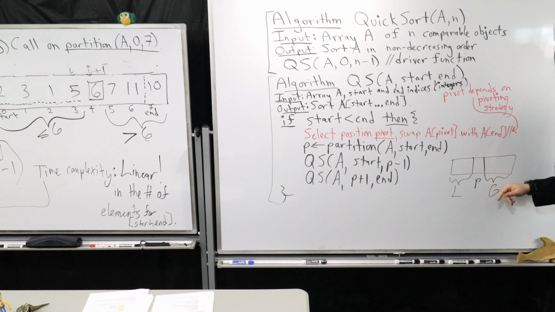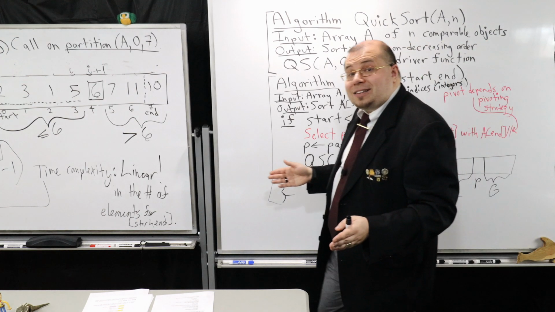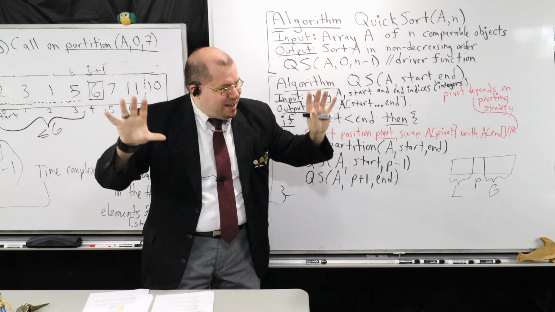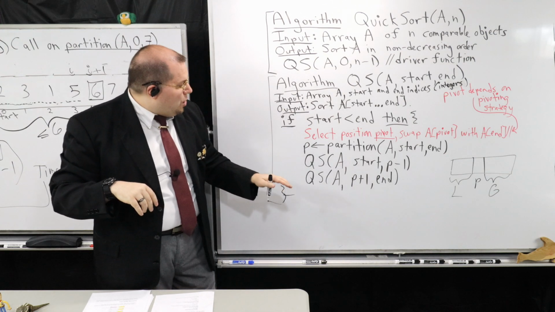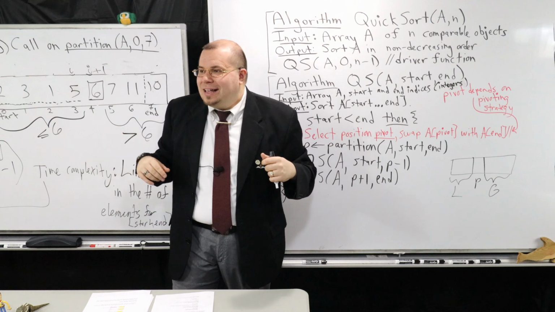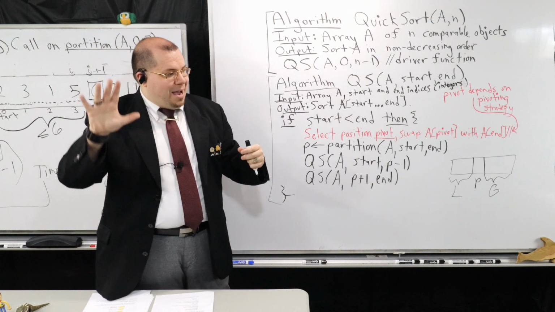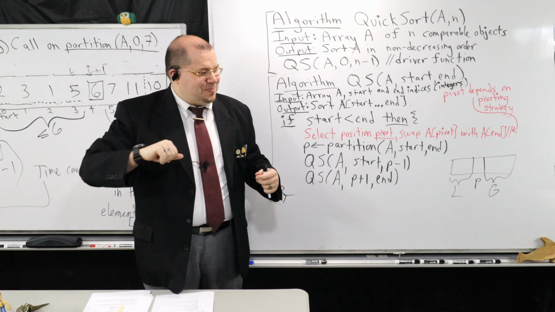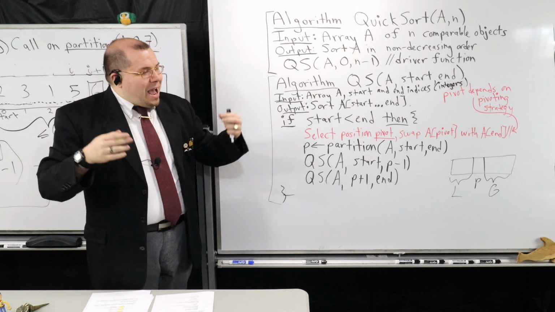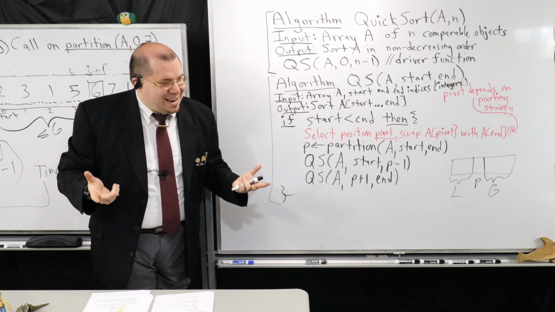I have my L group and G group. If I can sort this and I can sort that, the pivot is in the correct spot. So I have technically done this implicitly. I've implicitly put it together by organizing, using this partitioning scheme over here, so that it's L, then the pivot, then G. Does everybody see that?